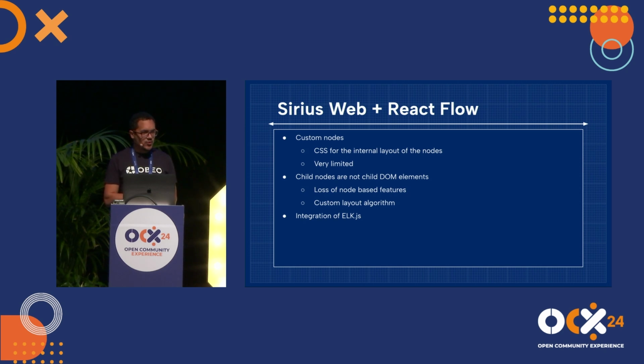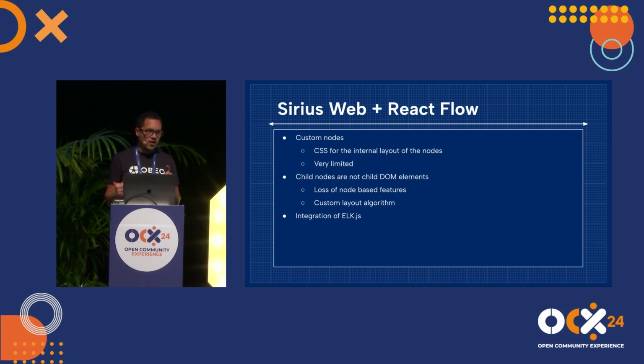One key issue with relying on CSS is that if you have a child node in React Flow, it's not really a child node in the DOM. It's just two DOM elements, one on top of the other. So you can't just rely on CSS to perform the layout of this part.